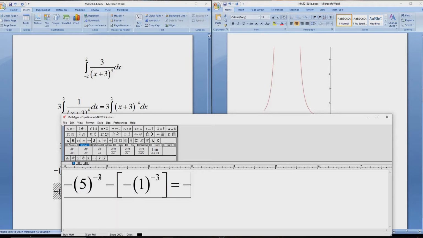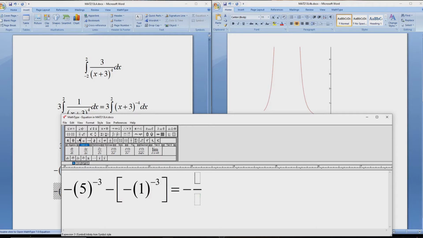So 5 to the minus 3 means 1 over 5 cubed, which is 1/25. Then we're going to have minus a minus, that's just plus. And then 1 to any power is still 1. And then we'll get a common denominator of 125.